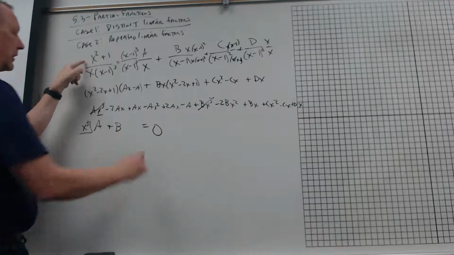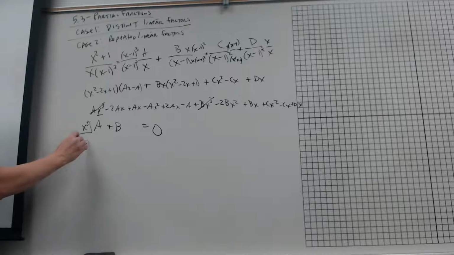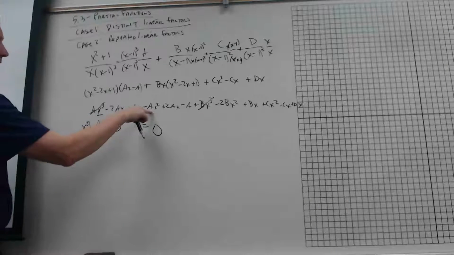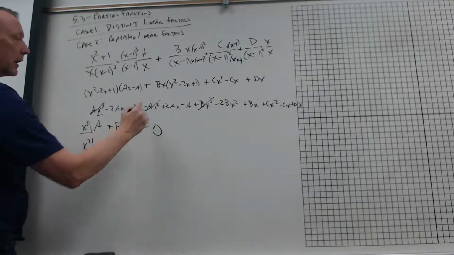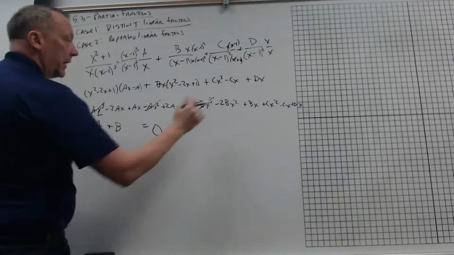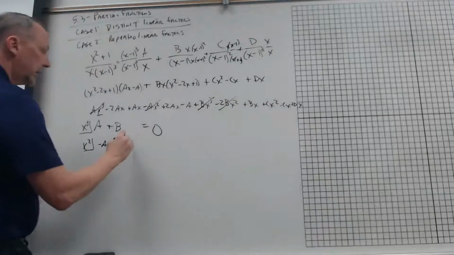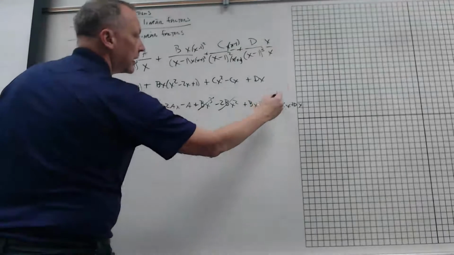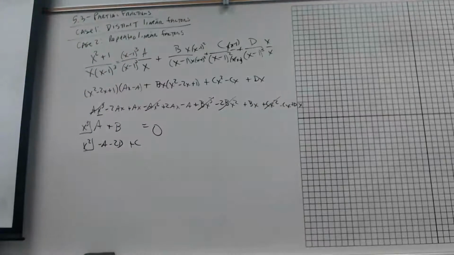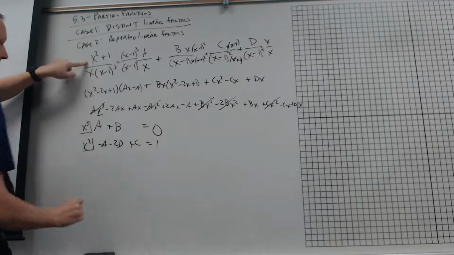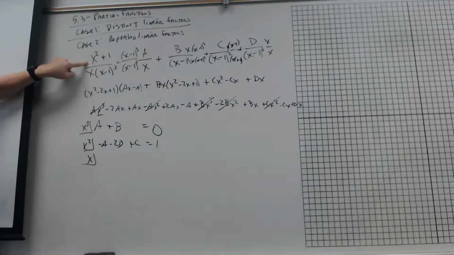Now I need to do my x squared case. All the x squared: I've got negative a minus 2b plus c. That's it. What is the coefficient of my x squared term? 1. Equals 1.